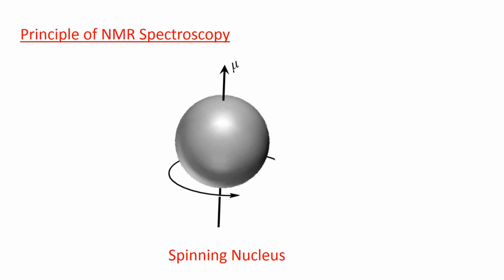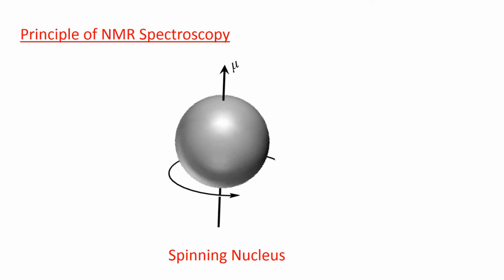See, nuclei with odd atomic number or odd mass number are having this mechanical spin. That means they are the spinning nuclei. And these spinning nuclei are active for NMR spectroscopy.